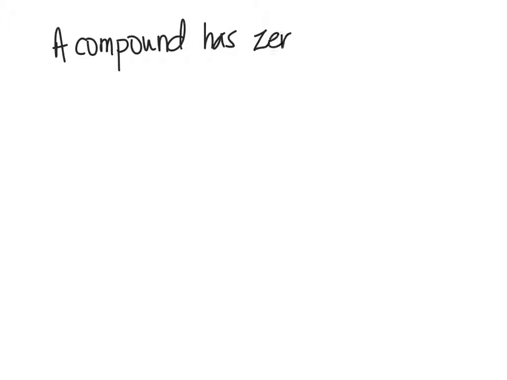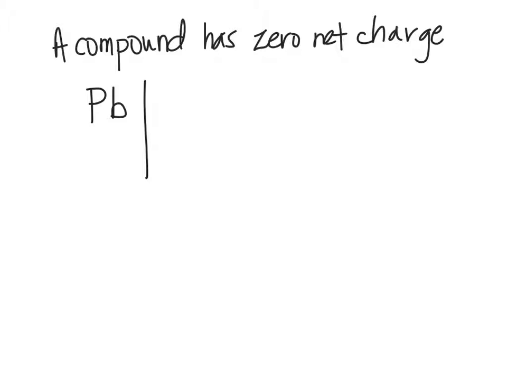The premise behind the zero-sum rule is that a compound has a net charge of 0. That's because the total positives in the compound equal the total negatives. So when we do the zero-sum rule for lead 2 oxide, we know that the lead is +2.